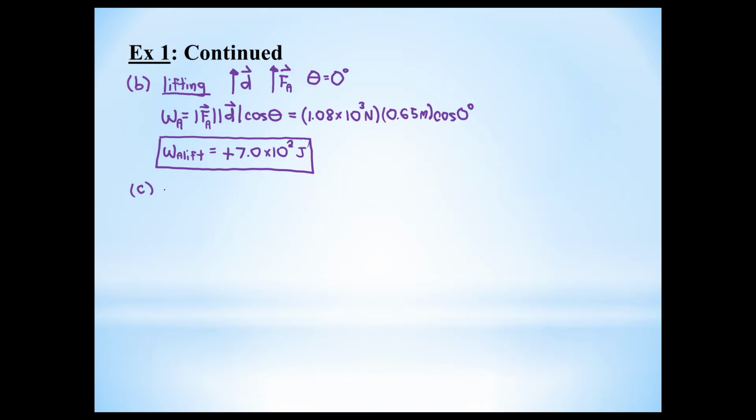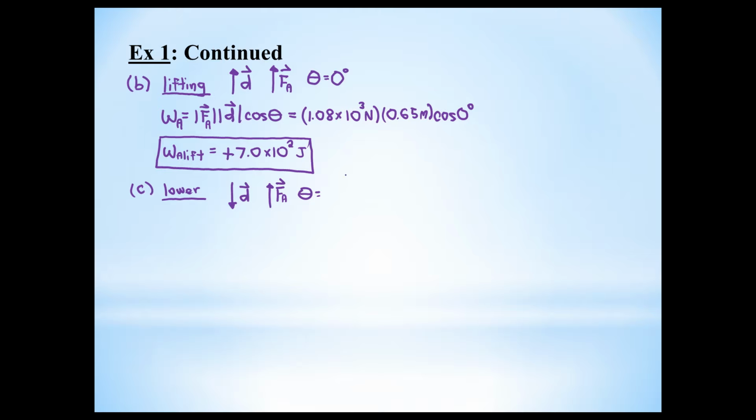Part C, we're now going to lower the barbell. When I lower the barbell, my displacement is now going to be down. But even when you're lowering the barbell, you're still supporting the barbell. So you'd still be applying a force upward. So in this case, if you have two vectors that point in completely opposite directions, what's the angle between them?